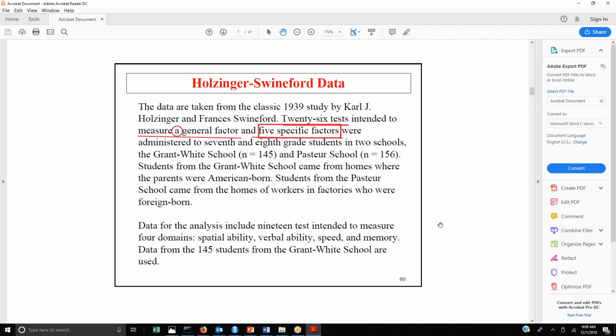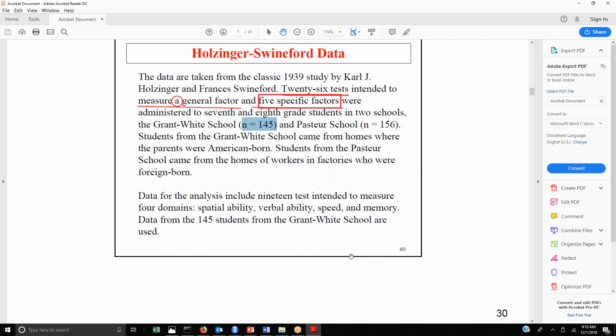There are 26 tests that were conducted to measure generally a person's abilities, intelligence types. In that, 5 specific factors were administered to 7th grade and 8th grade students. A sample of 145 students was used in one school, Grant White School, and in the other school, Pasteur School, 156 samples.